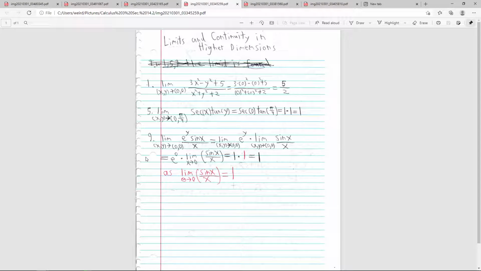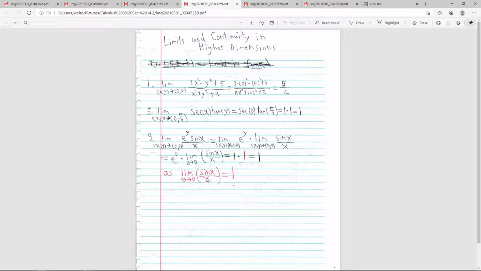Here's one where x and y approach (0, 0). The limit of e to the y times sine x divided by x. Now we have to actually use a little property: the limit as theta approaches 0 of sine theta over theta. You can say x approaches 0, either one; that's a little mistake, but I'm trying to use a general example.